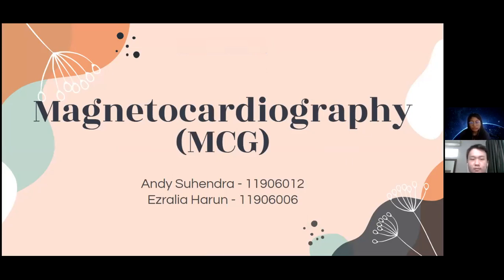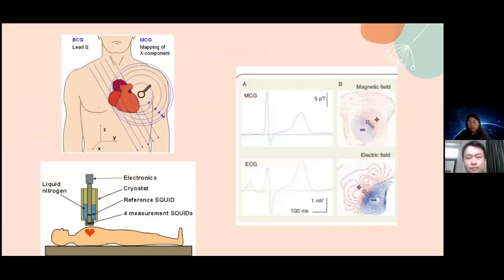Next slide, Andy. MCG is a technique to measure magnetic fields that are produced by electrical currents in the heart using extremely sensitive devices, for example, a superconducting quantum interference device. If the magnetic field is measured using a multi-channel device, a map of the magnetic field will be obtained over the chest.